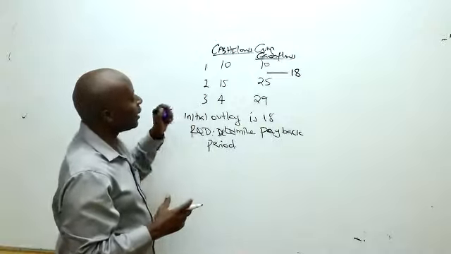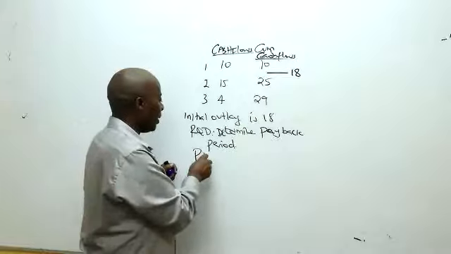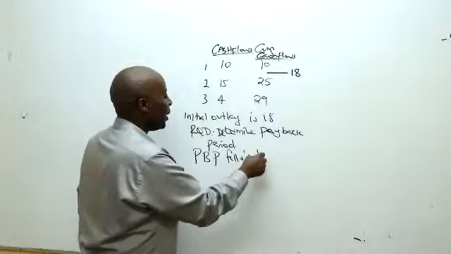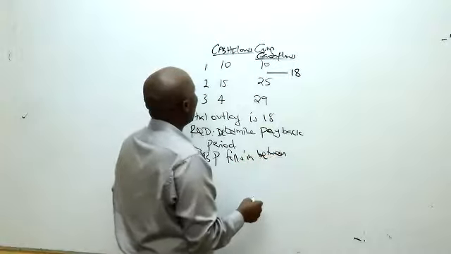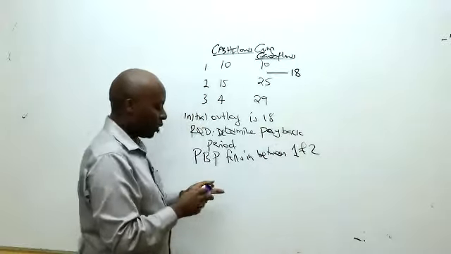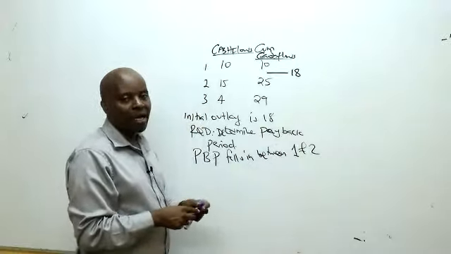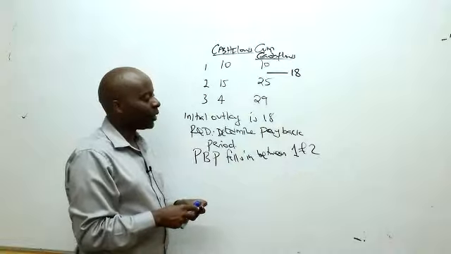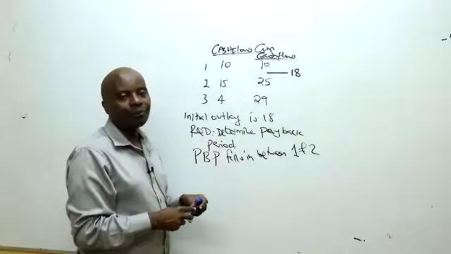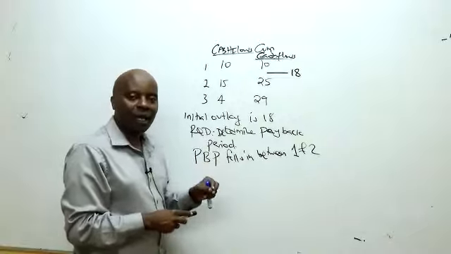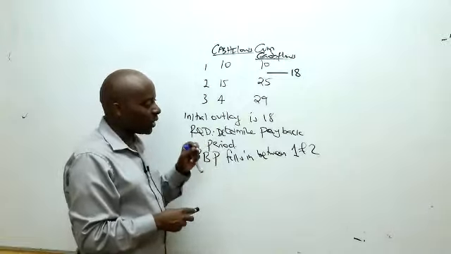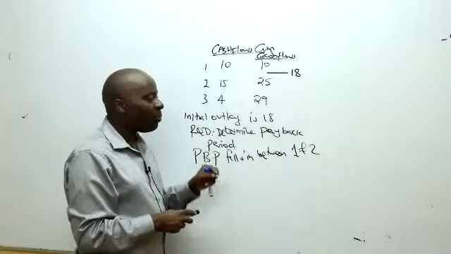Now, it means, ladies and gentlemen, that my payback period falls in between year 1 and year 2. But the examiner would want you to ascertain the exact payback period.